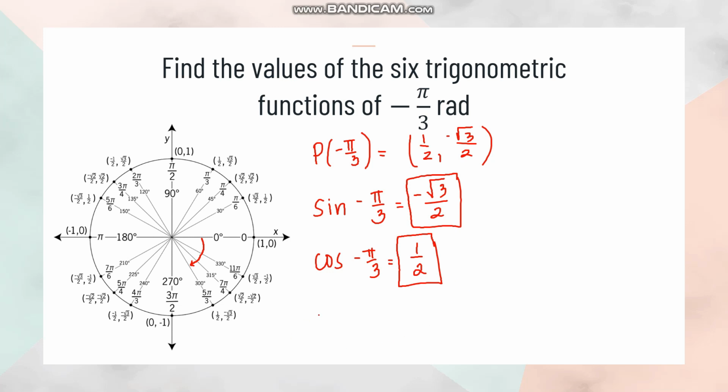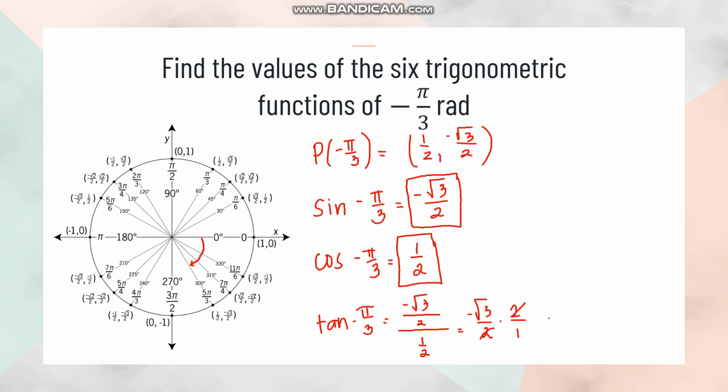And for the tangent of negative pi over 3, this is just y over x. So negative square root of 3 over 2 all over x, which is 1/2. So get again the reciprocal of the denominator and multiply it to our numerator. So we will have this cancel out.